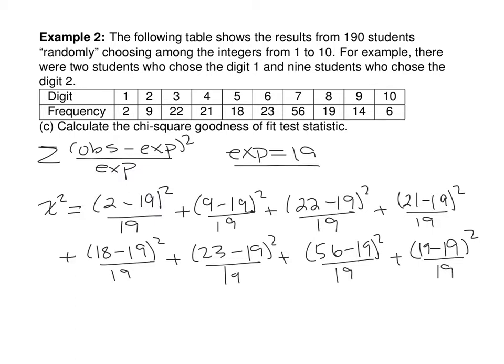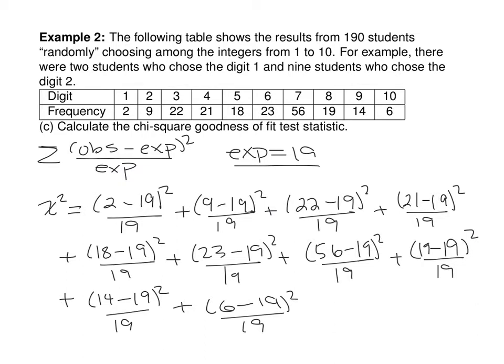That one's going to be 0. Okay, now we're on 9: 14 minus 19 squared over 19. And then 10, 6 minus 19 squared over 19. You can double check that you have 10 things there: 1, 2, 3, 4, 5, 6, 7, 8, 9, 10.